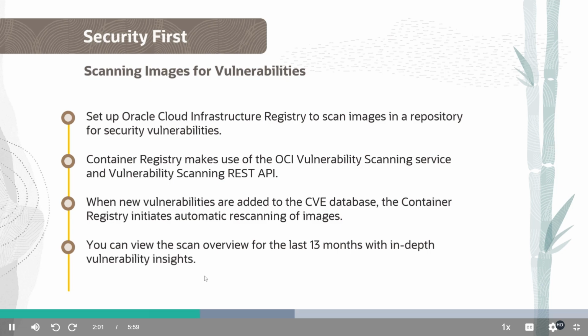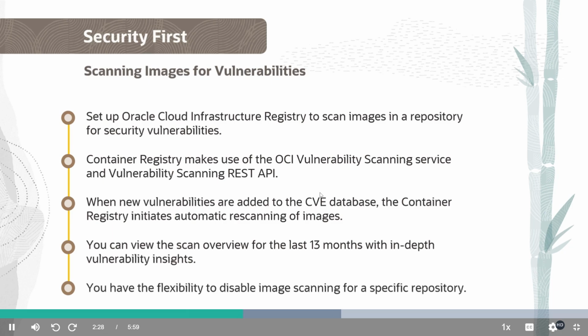Additionally, you can delve into comprehensive details of each scan, featuring descriptions of individual vulnerabilities, their associated risk levels, and direct links to the CVE database for more comprehensive information. This historical and detailed data empowers you to monitor, compare, and enhance image security over time. You can also disable image scanning on a particular repository by removing the image scanner.